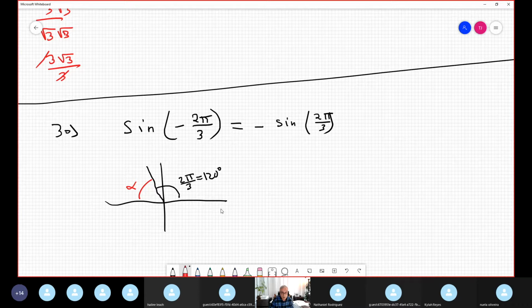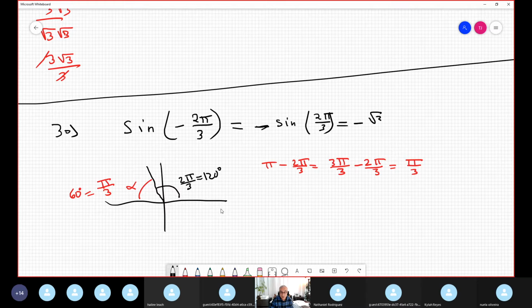This is pi minus 2 pi over 3, which is 3 pi over 3 minus 2 pi over 3, using the same denominator. And 3 minus 2 is 1, so pi over 3. So alpha is pi over 3, que es 60 degrees. Entonces it is equivalent to say sine 60 degrees, que es radical 3 over 2, no? But don't forget the negative in the front. Entonces actually the answer is negative radical 3 over 2.